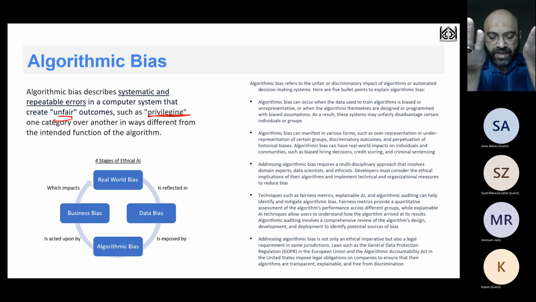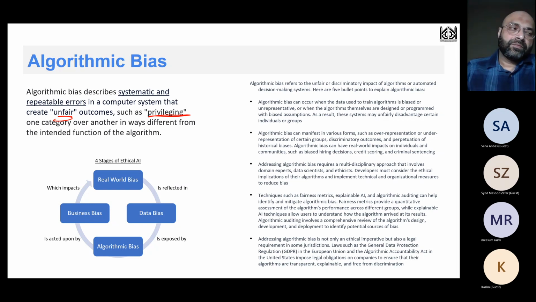Say you have balanced categories, but because of the unfair outcome, one area gets the privileges over the other, and it gets bias in that direction. Okay, so bias is a systemic and repeatable error. You must have experienced in your daily life that a certain group of people or certain type of people are given privileges over other people, over regular people, over common people.